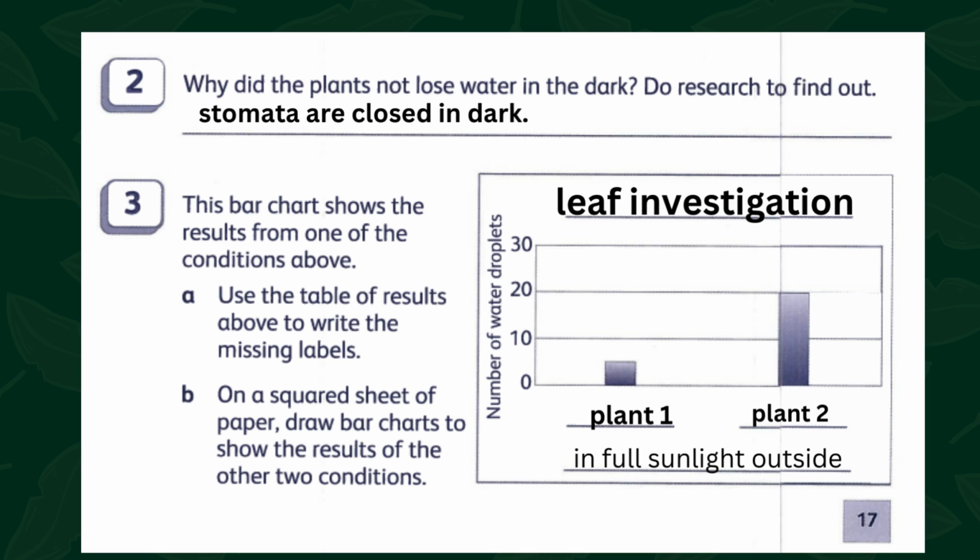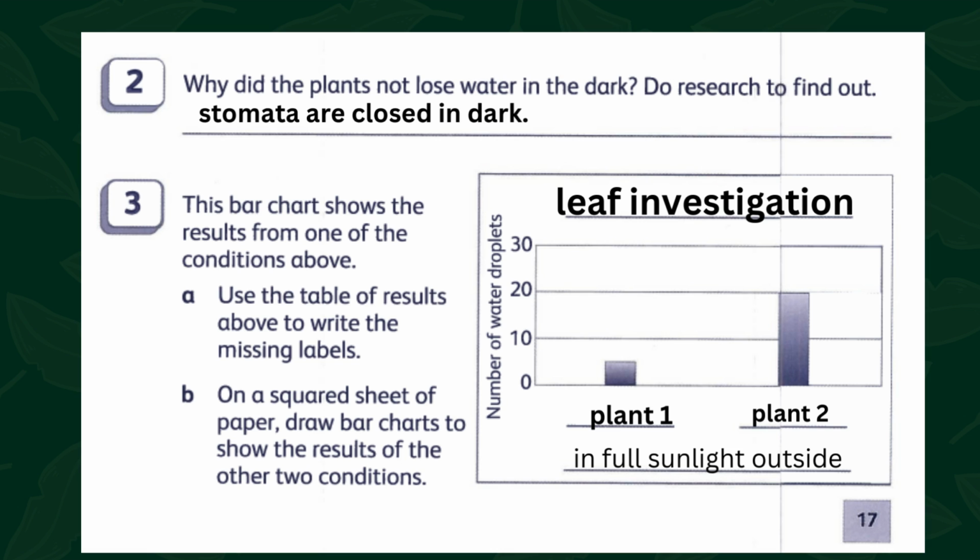So you have to find that condition. You can see there are two plants and both plants are losing water. So that condition is in full sunlight outside. So you have to write this condition here, and label plant 1 and plant 2. And the title of this bar chart is leaf investigation.